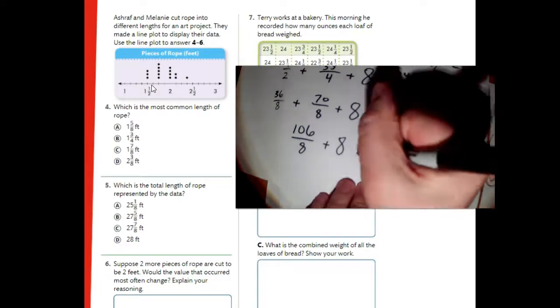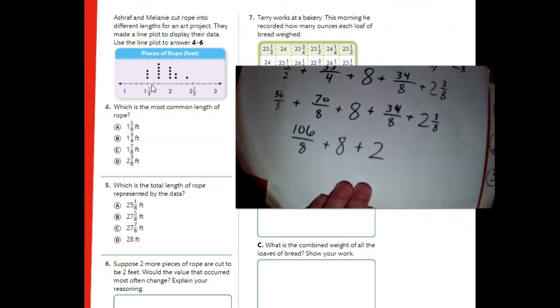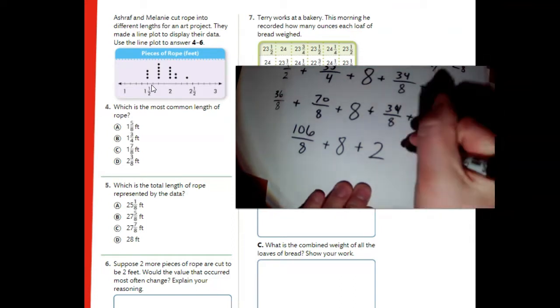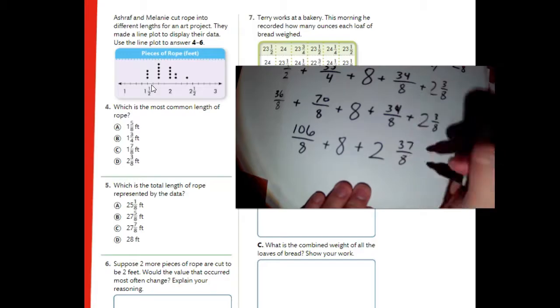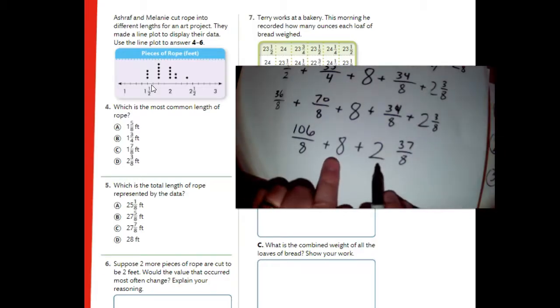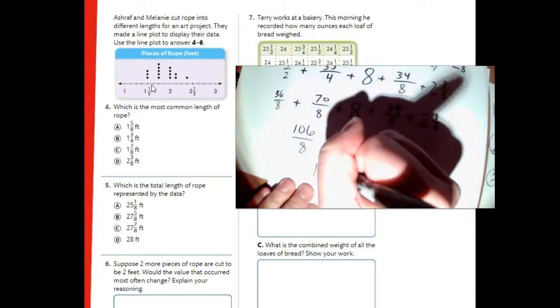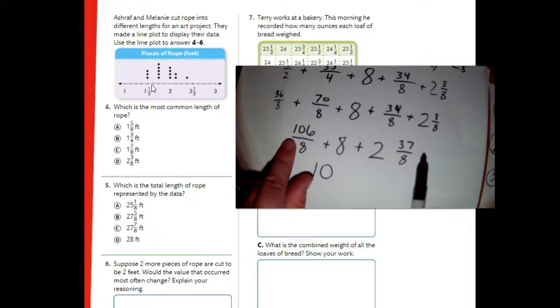This is going to sound weird, but I'm going to keep that as a mixed number. I'll keep the whole number 2. 34 plus 3 is 37/8. Right? Just whittling it down. I can combine my 8 and my 2 to make 10. So I'm going to have 10. I can combine 106 over 8 plus 37 over 8.